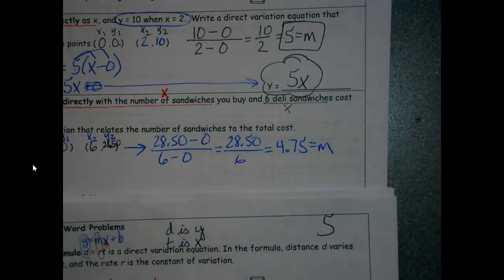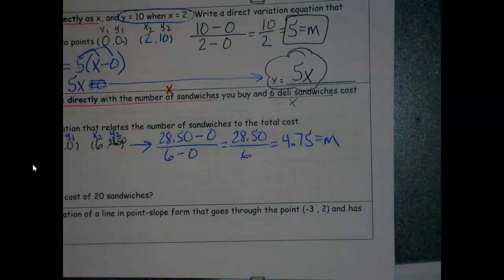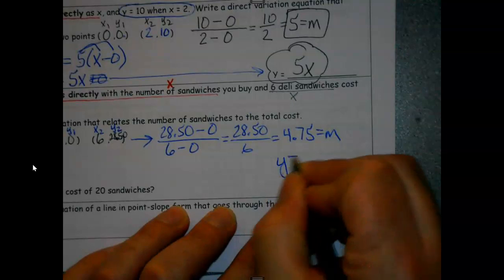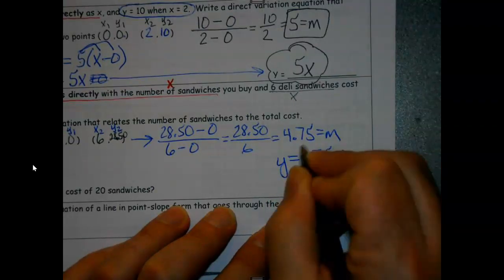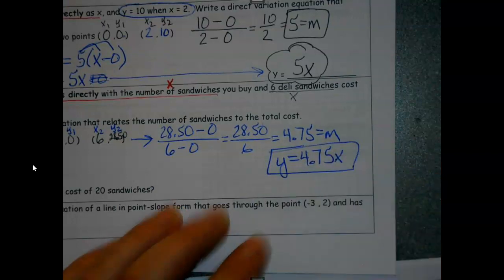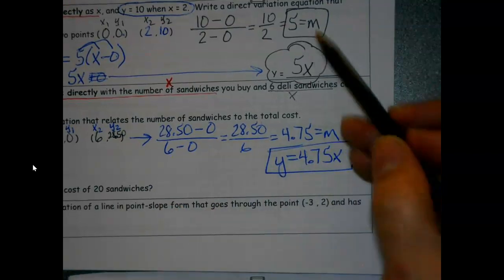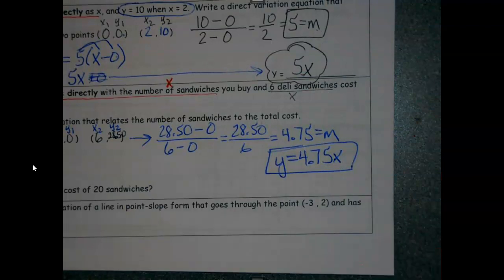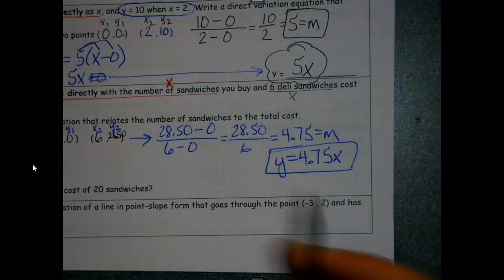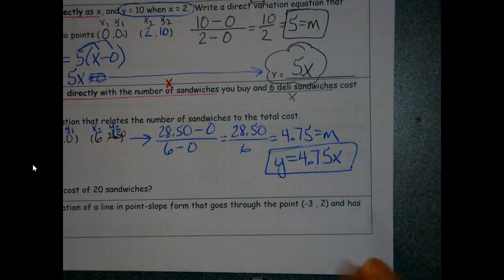So basically, that's telling me y equals 4.75x. Just like we did up above, you tuck the m in front of x, you're done. So what's that telling me? That's telling me each sandwich that I buy is going to cost $4.75.